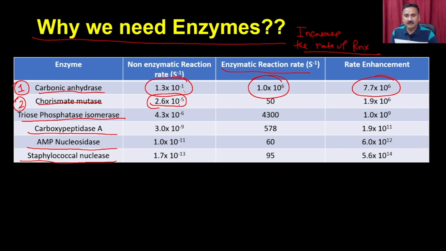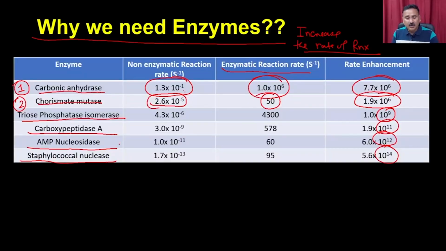Whereas in enzymatic reactions, you can have 50 reactions per second. So there will be an enhancement of 10 to the power 6, 10 to the power 9, 11, 12 and 14. There is always a very high enhancement of the rate of reactions with the help of enzymes.